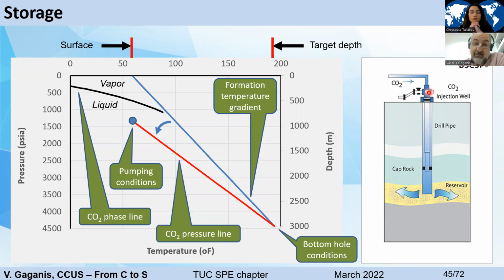It's going to be in gas form at the beginning. So we need to increase its pressure so that the pressure with which the CO2 arrives at bottom hole will be enough for the CO2 to flow inside the reservoir and get trapped there.